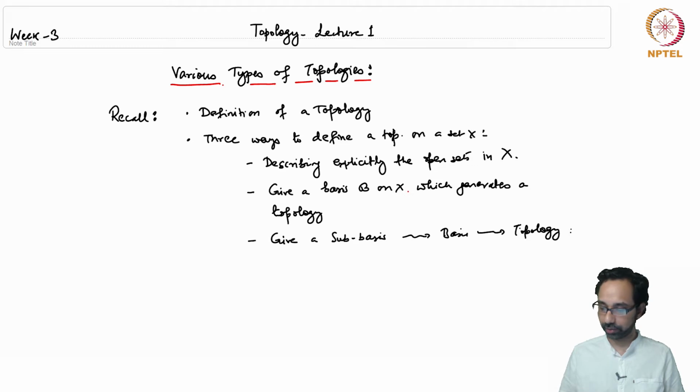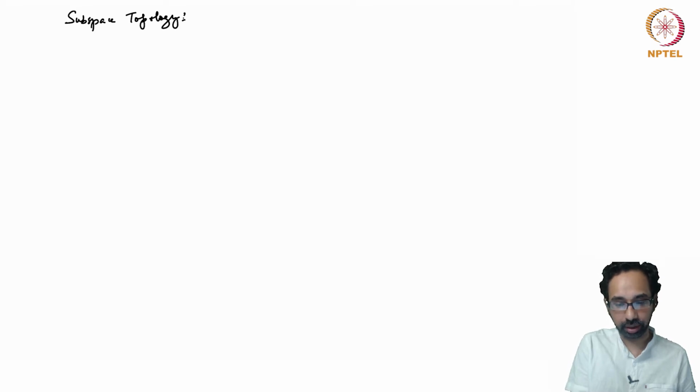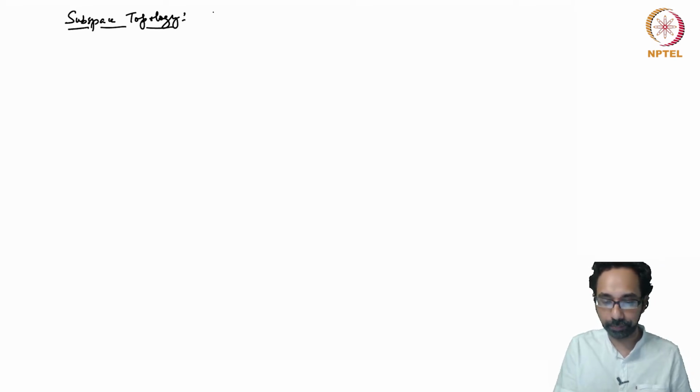So in this week, we will see various different kinds of topology on a given set X, and we start with the so-called subspace topology. This is about a subset of a topological space.